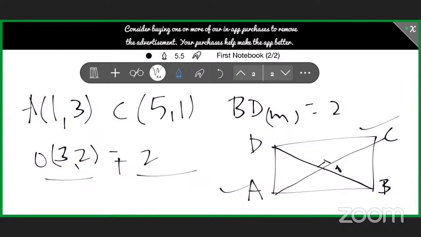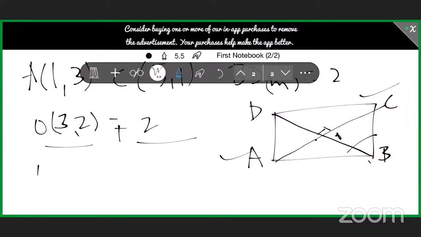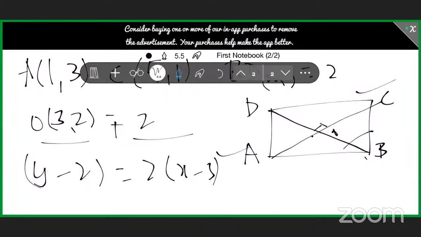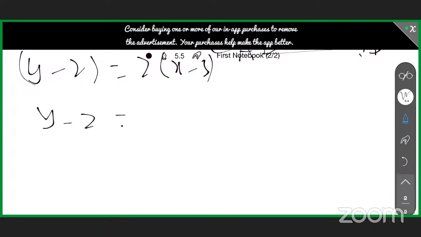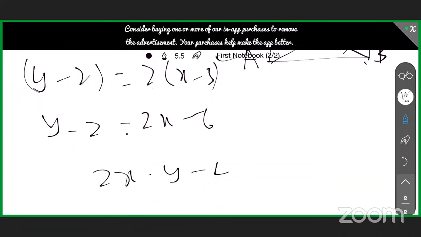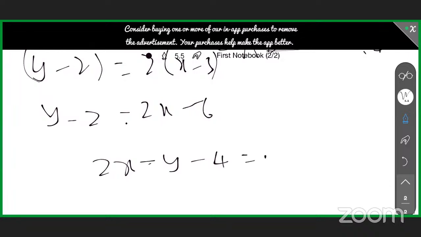So by point slope form, since the slope is given and the point is given, the equation of BD will become y minus 2 equals 2 into x minus 3. y minus 2 is equal to 2x minus 6. That is 2x minus y minus 4 is equal to 0.